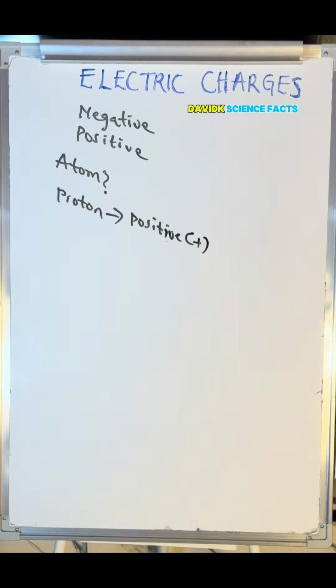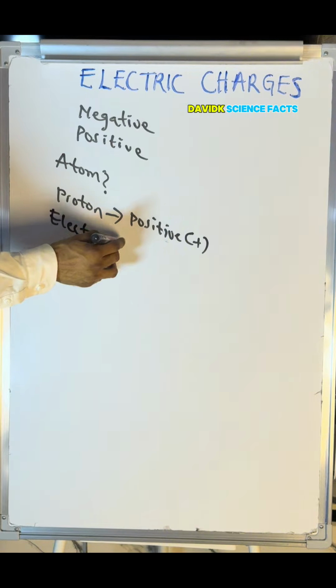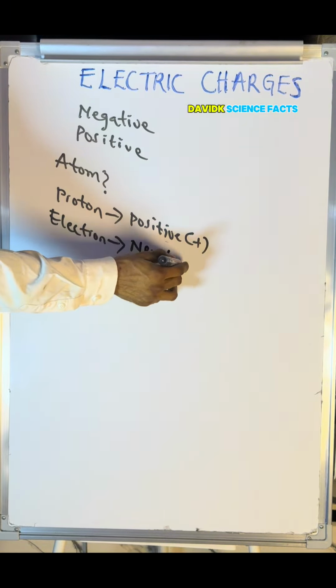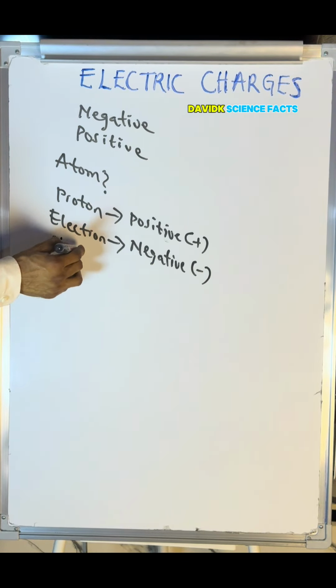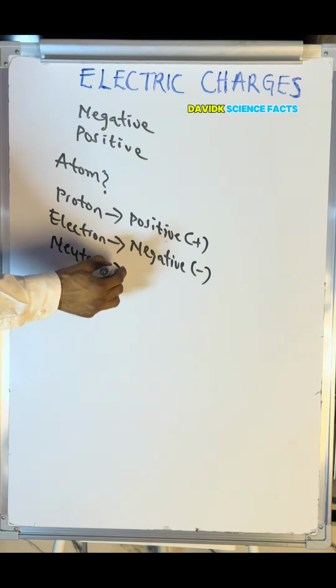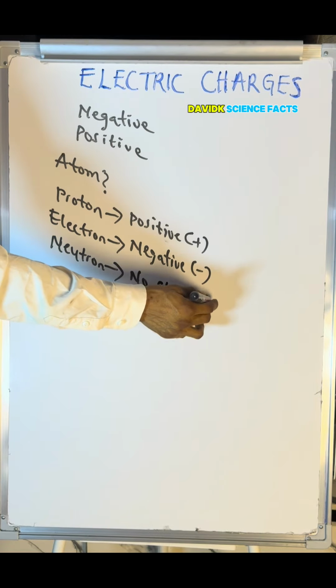So that is the sign. Atom has electron. Electron is negative. An atom also has neutron. Neutron has no charge. So it's 0.